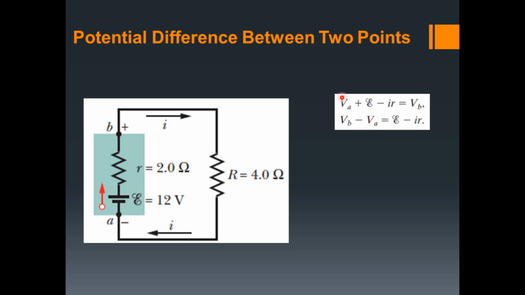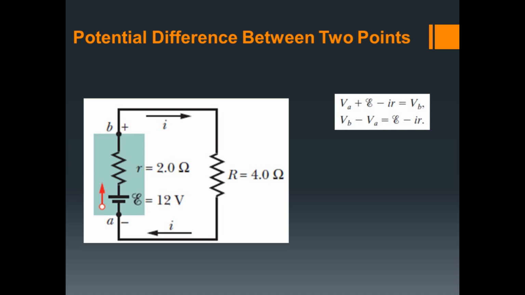So we write VA plus EMF, and since we travel in the direction of the I, we write minus Ir because the voltage drops. And when you reach point B, this will be the potential at point B.